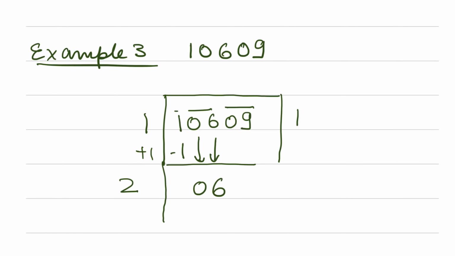So now it will be a 2-digit number, but it can't be less than 6. So as we do in division, I'm going to put 0 and 0 here, so I'll get 2 zeros.